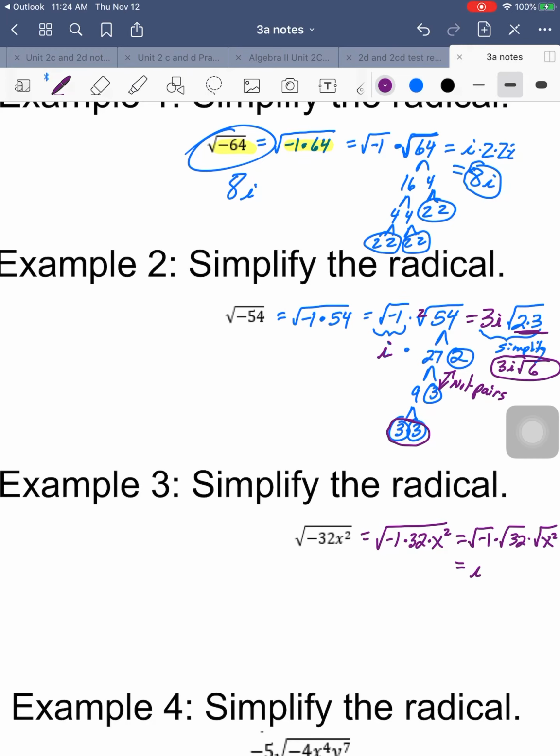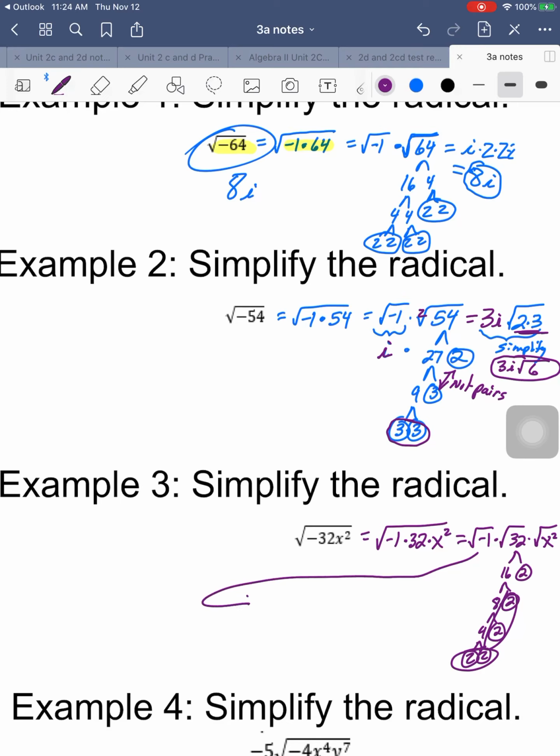Square root of -1 is i. Square root of 32, I don't know. Break that down. So 8 and 2, 4 and 2, 2 and 2. And it's a square root, so pairs: 1, there's 2 pairs. So I should probably move this.